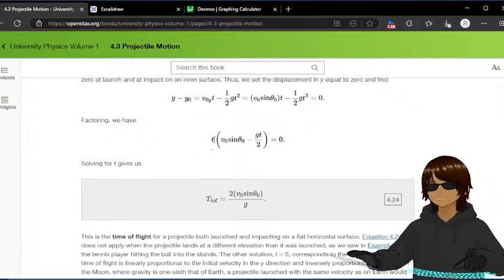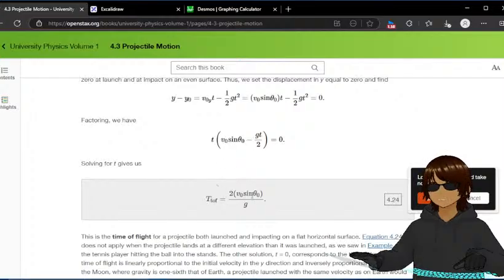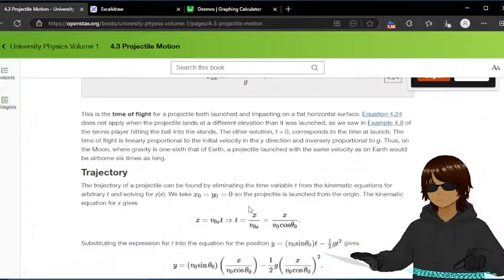So t is either 0, which will output 0, or this term needs to be 0. If this inside term needs to be 0, then t would be equal to, yeah, now I understand.